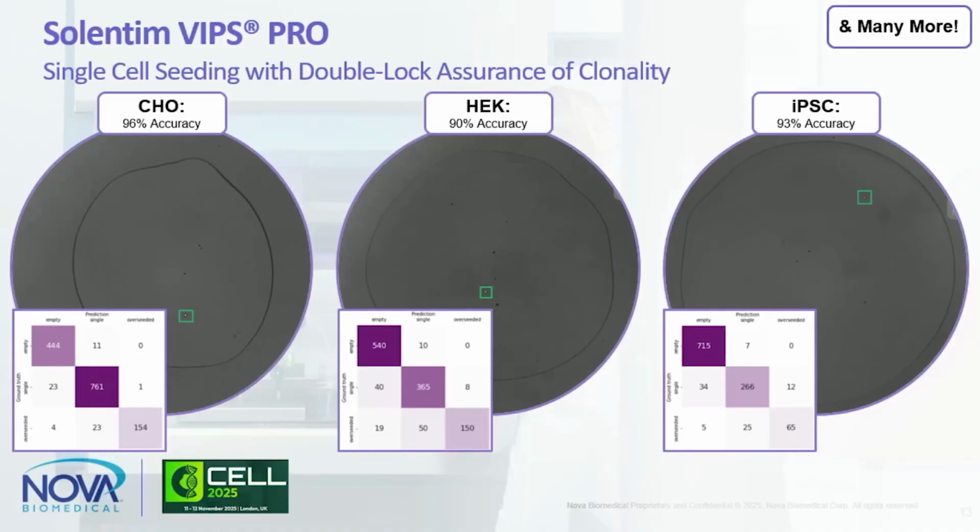And there are other cell types as well. So it allows highly accurate detection of over 90% for a single cell in a droplet image. So we have done experiments internally to measure the accuracy against ground truth, so against a human operator.